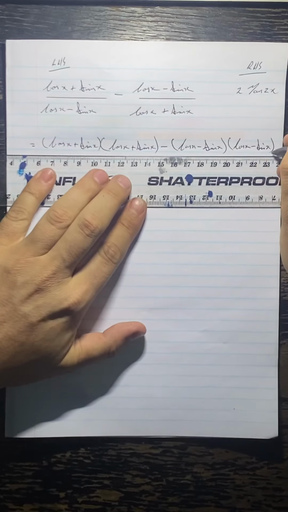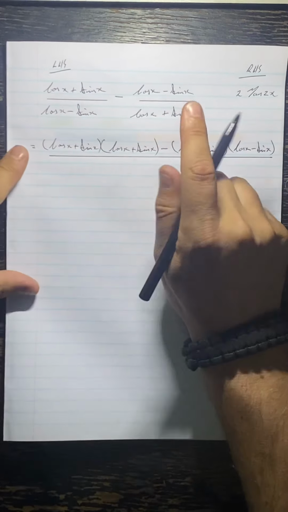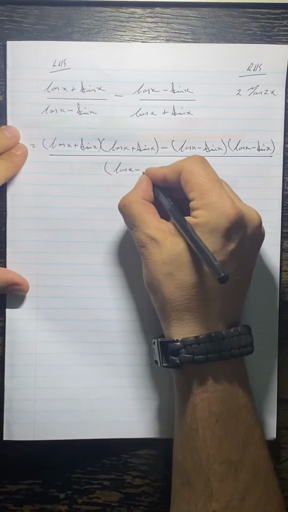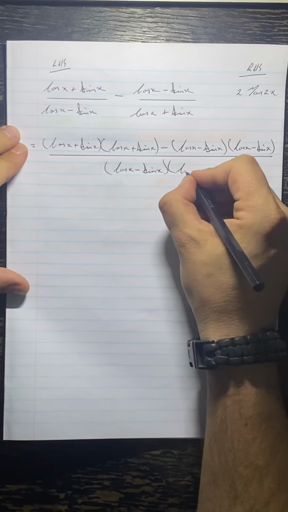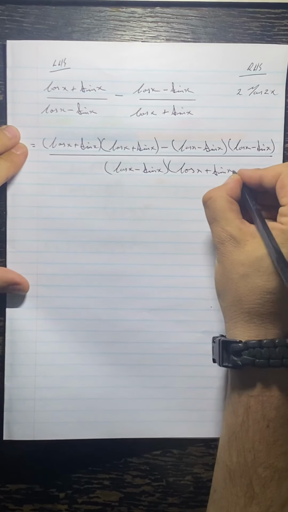And this is all over the LCD. Our LCD in this case is this denominator multiplied with this denominator, so we get cos x minus sine x multiplied by cos x plus sine x.